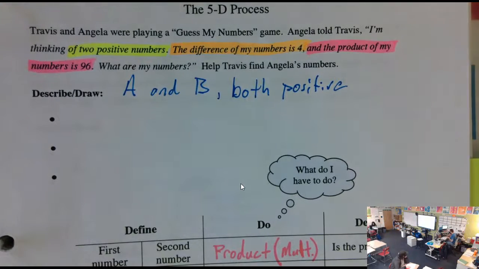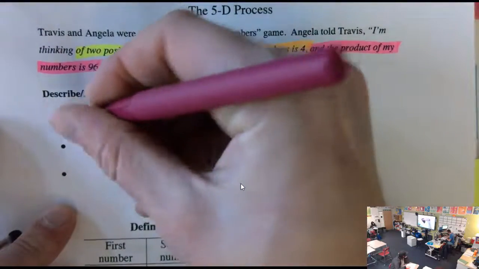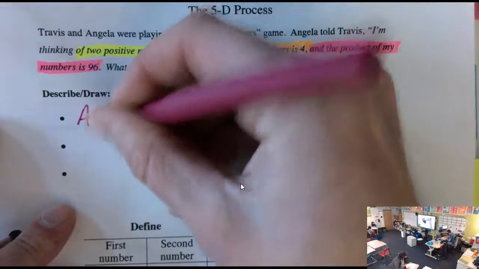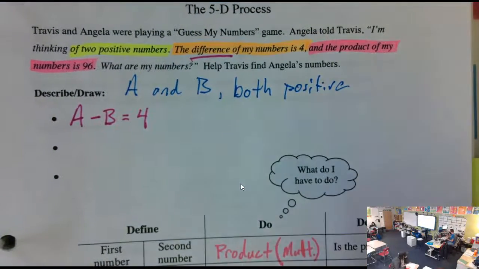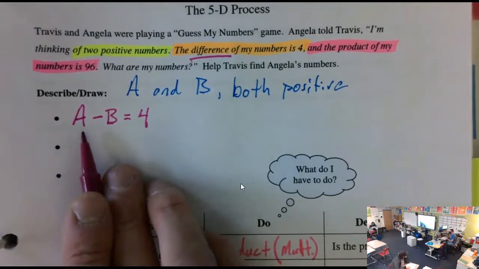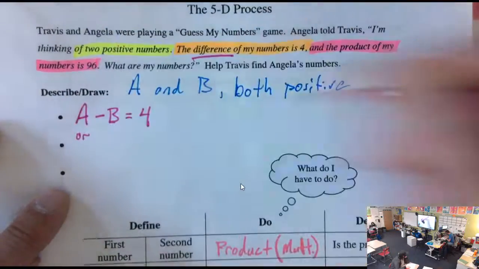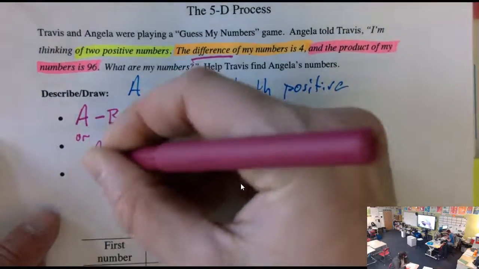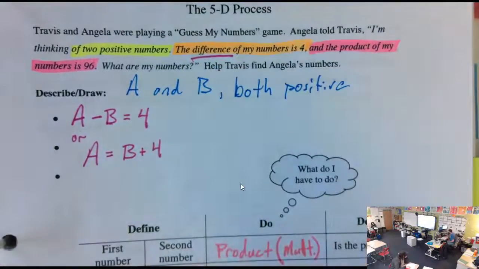Subtraction. So for that statement, we could say the difference, which Mia just said, subtract: A minus B is 4. Or if A is the bigger number here, you could say A is B plus 4.